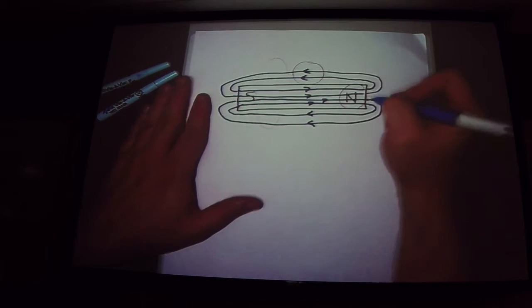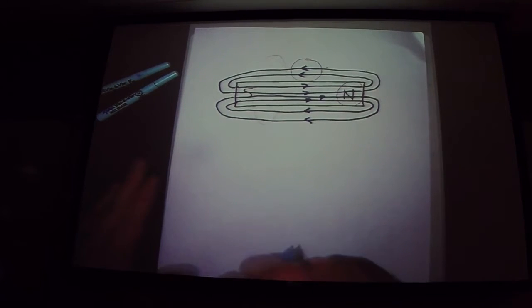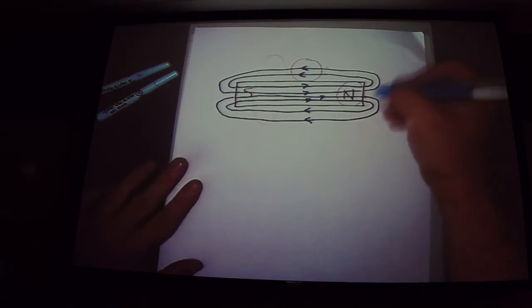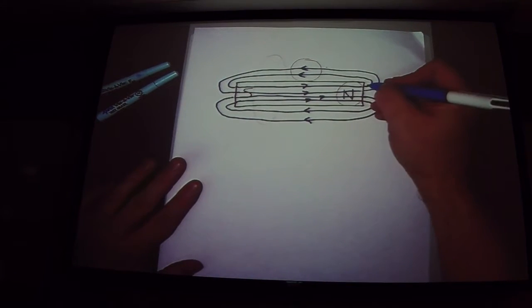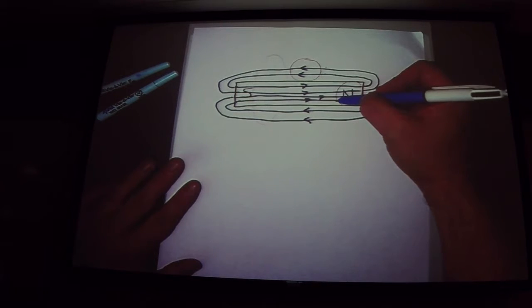Now that we've put a dome around Santa at the North Pole, let's see what the magnetic flux is through that dome. Well, I've got 1, 2, 3, 4 field lines coming out, but I've also got 1, 2, 3, 4 field lines coming in.